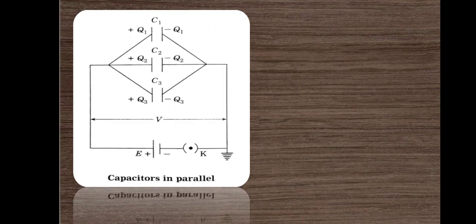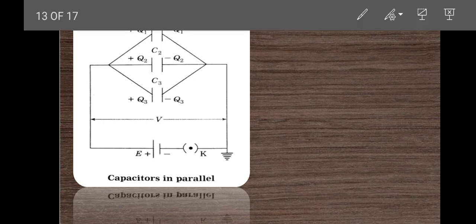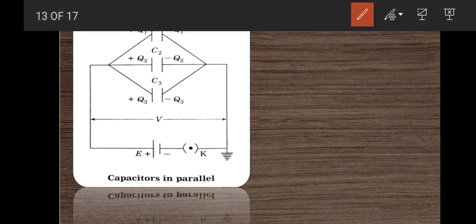Here you can see the combination that is given in your books, capacitors in parallel combination. There are different methods to draw the circuits. Here you can see the first capacitor, second capacitor and third capacitor. First of all, you have to draw them like this, one above the other.